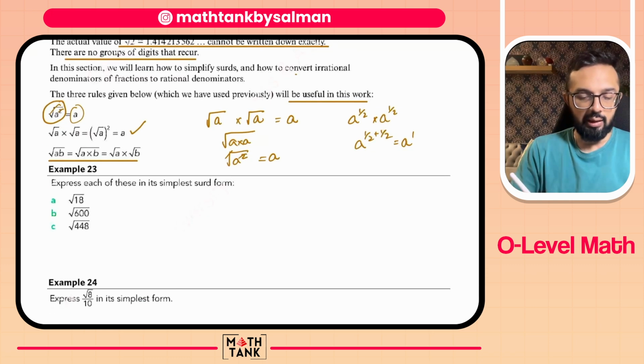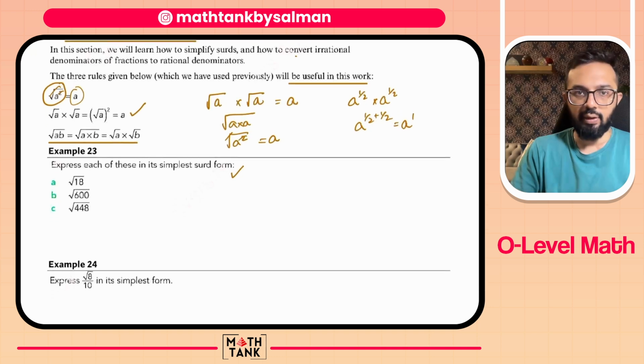The first example is not related to multiplying or dividing; it's just about simplifying surd forms. Whenever you want to simplify a number inside a root, you start off with prime factorization.